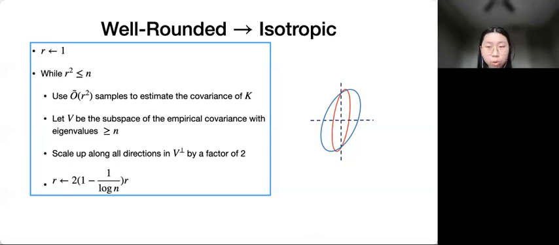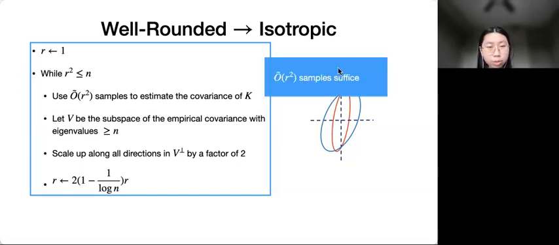And there are several important things to prove. The first one is in each iteration, we want to prove that R square samples suffice. This means at first we only need few samples when K is far from isotropic.